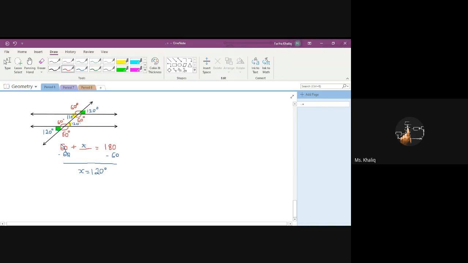So there are several ways of finding the missing angles, as long as you know that two lines are parallel. But sometimes the lines are not parallel.